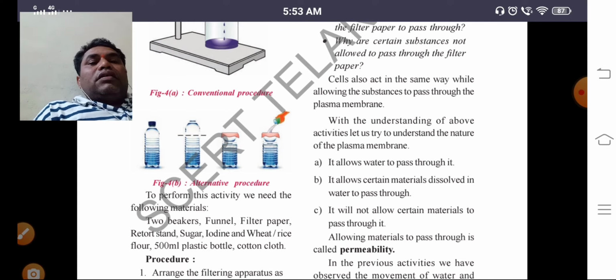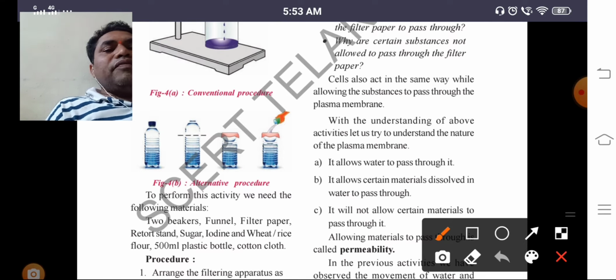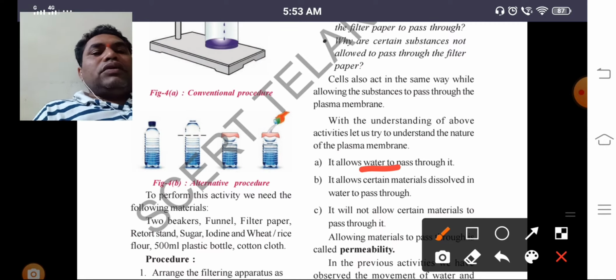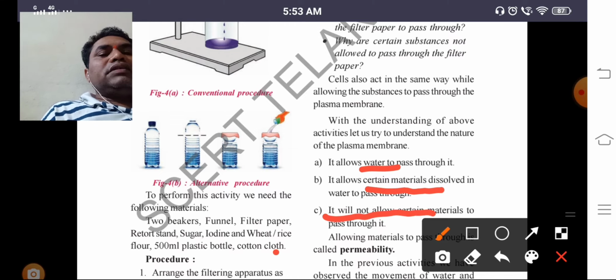it allows only water to pass through it. The filter paper is allowing only water, so it allows certain materials dissolved in water to pass. Only the dissolved material passes through the filter paper; it will not allow certain materials through.